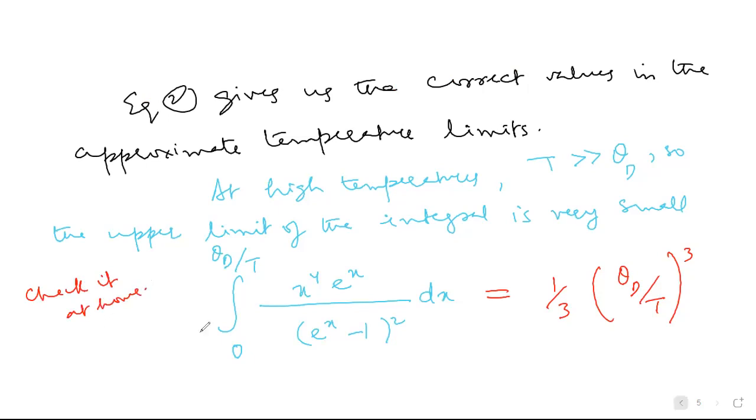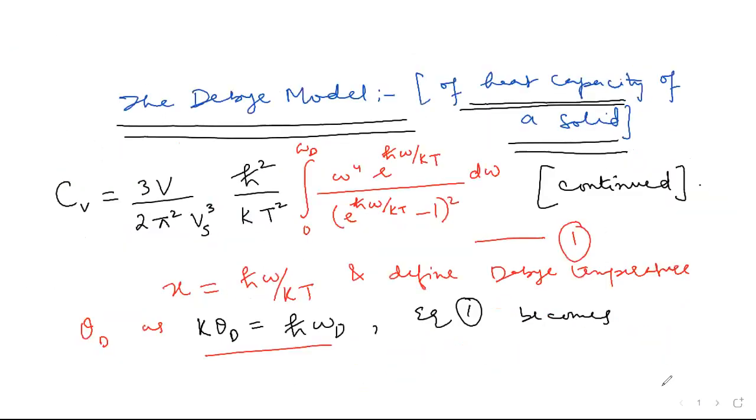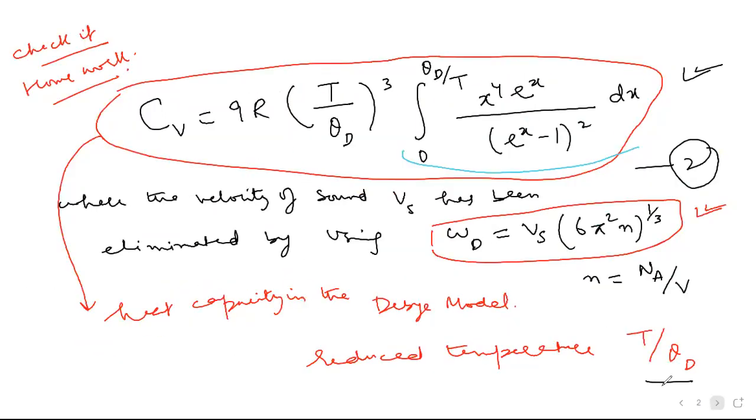What you have to do is see that when T is much greater than theta D, this integral is equal to 1 over 3 theta D over T whole cube. You have to make a calculation at home. Remember the first home assignment, which we have already discussed, that you have to see that equation 1 reduces to equation 2 when we make the variable change, right?